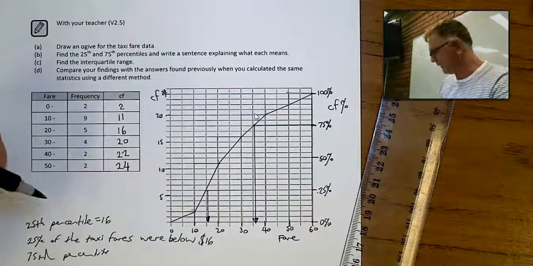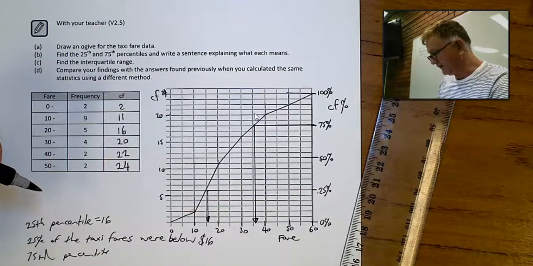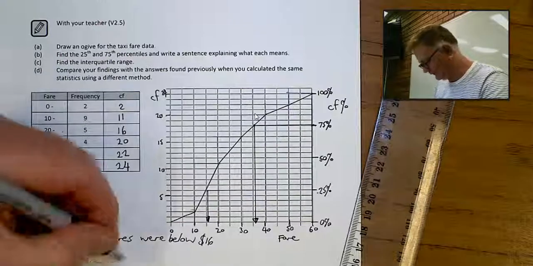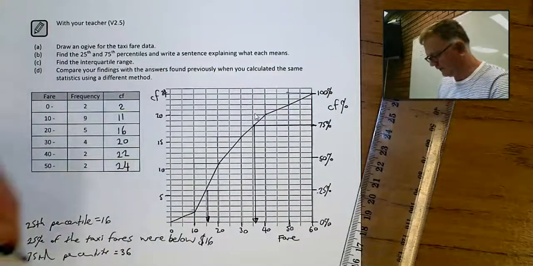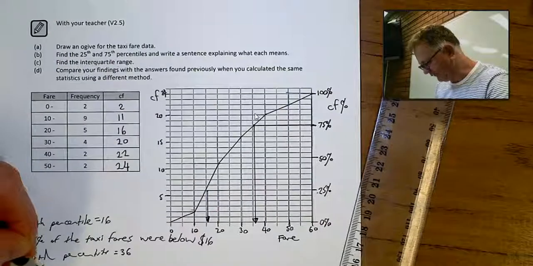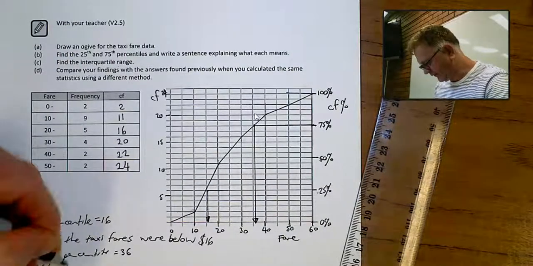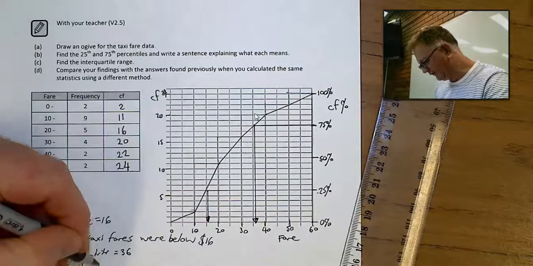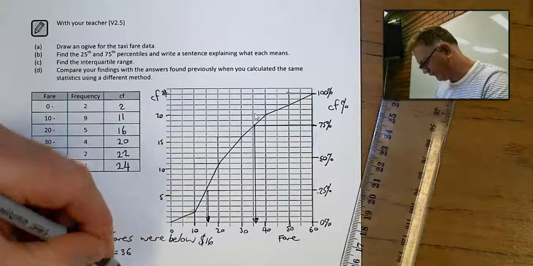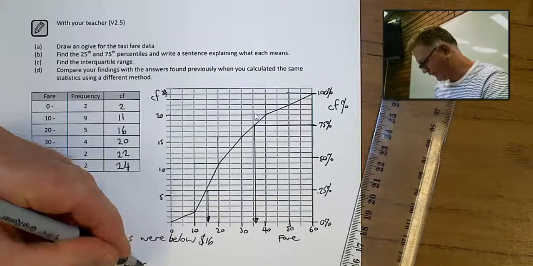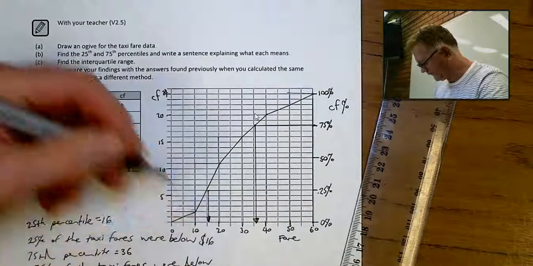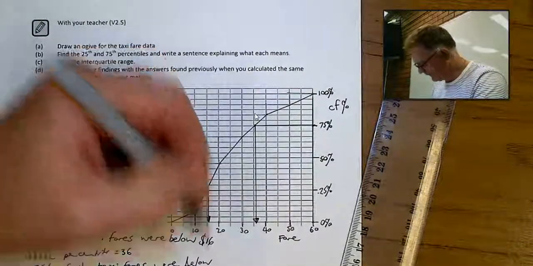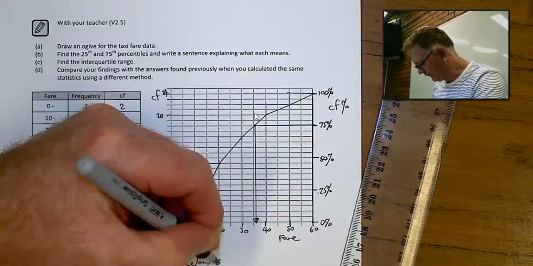That one seems to come out to about 36. That means that 75% of the taxi fares were below $36.